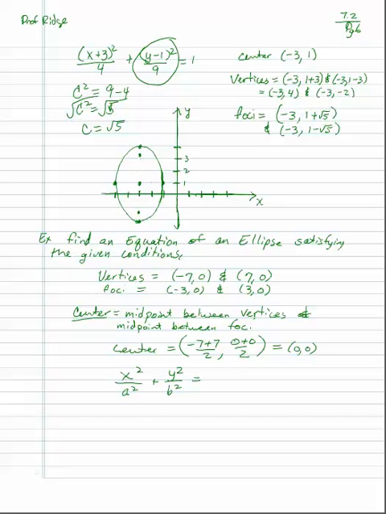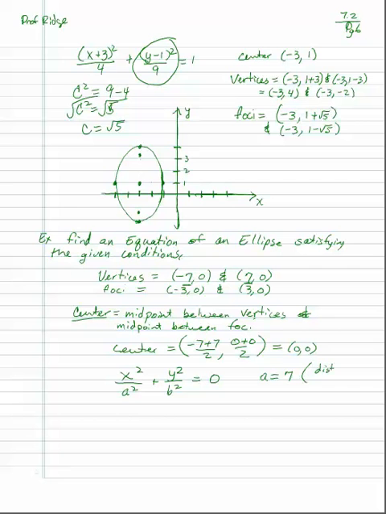And we know that since the x-coordinate is the one that's changing, the vertices are in the horizontal direction, so A is going to be under the x. So A is equal to 7, because from 0 to 7 is 7. That's the distance from the center to a vertex is A.